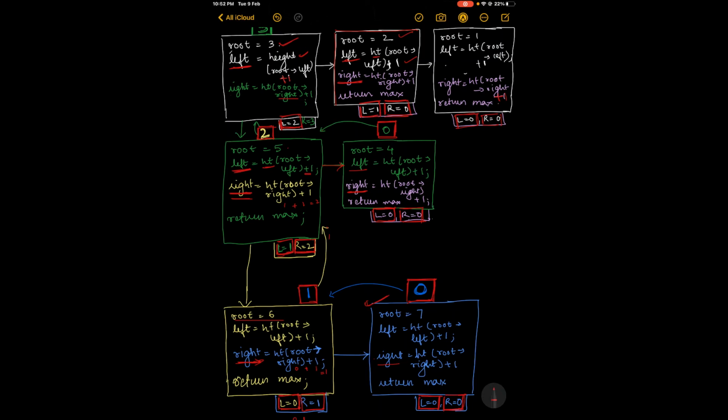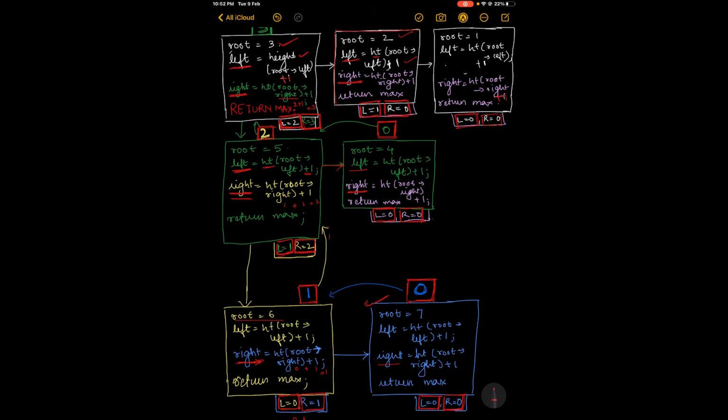That is, now 2 has to be returned. Green here signifies that this is for the right variable, as you can see. And now 2 plus 1 equals 3. So we can say that right equals 3, as I have written here. So right equals 3, left equals 2. We got this from the previous calculations. And once both left and right are calculated, we have to return max.